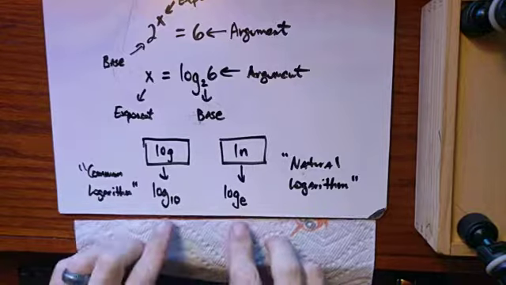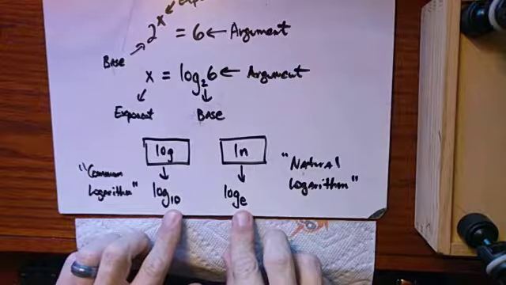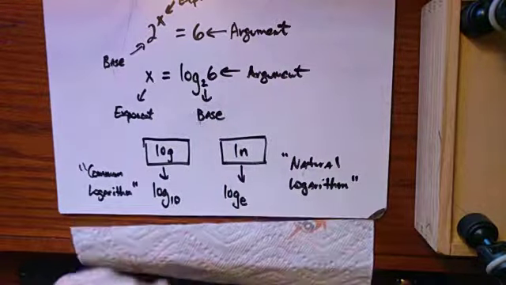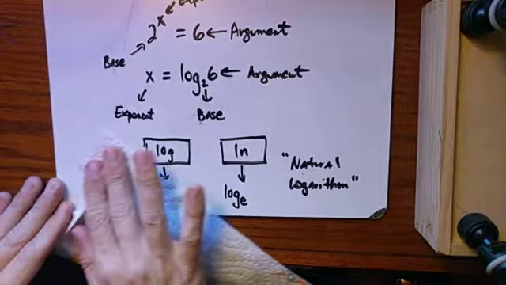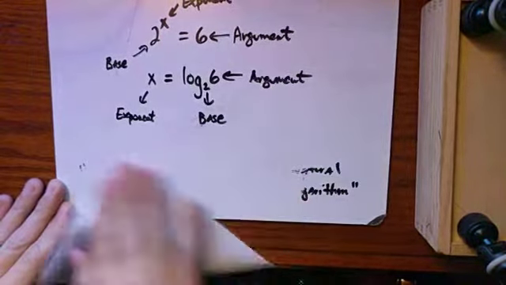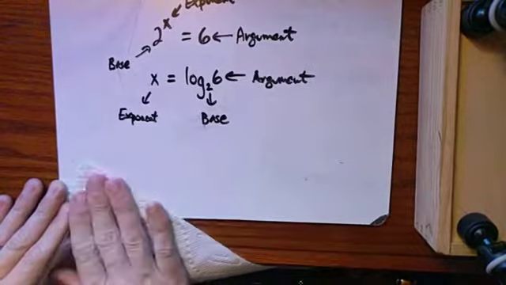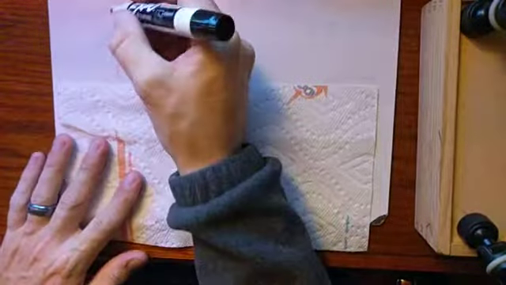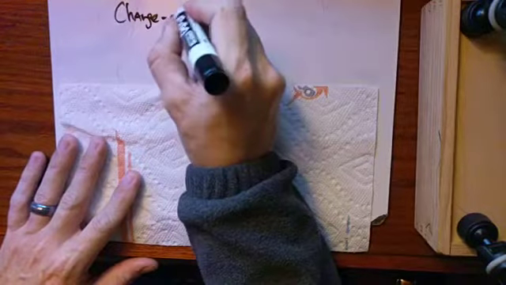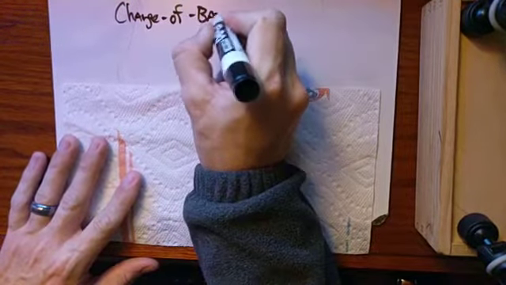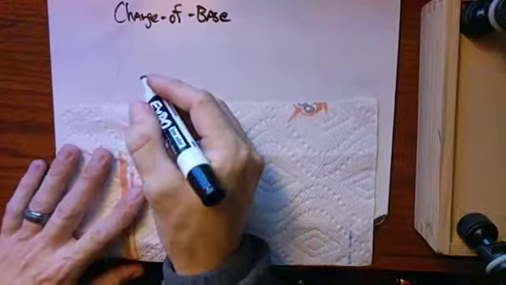But still, we only have these two options on our calculator, and there's a base 2 in this problem, right? So what you can do is take the base of a logarithm and change it to anything you want. There's a rule called the change of base rule. Here's the way the rule works, okay?